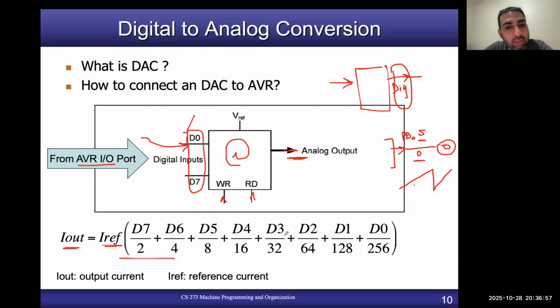For example, if all 8 bits are zero, the output current will be zero. But if only bit D0 is 1 and all other bits are 0, then it will be IREF times 1 over 256. So depending upon the value of these bits, your current value will increase or decrease. Any questions?